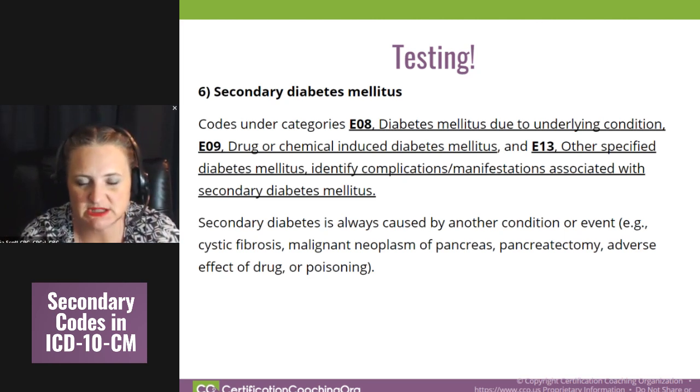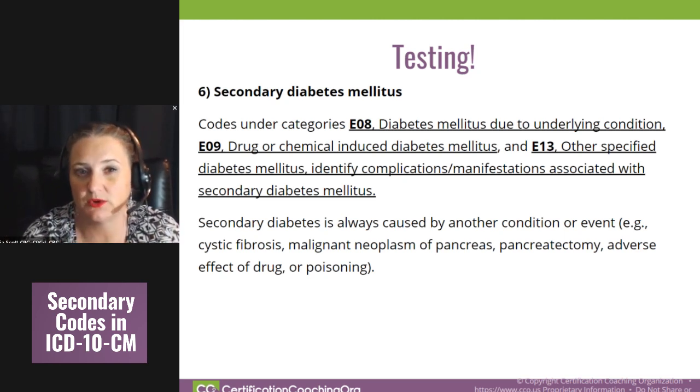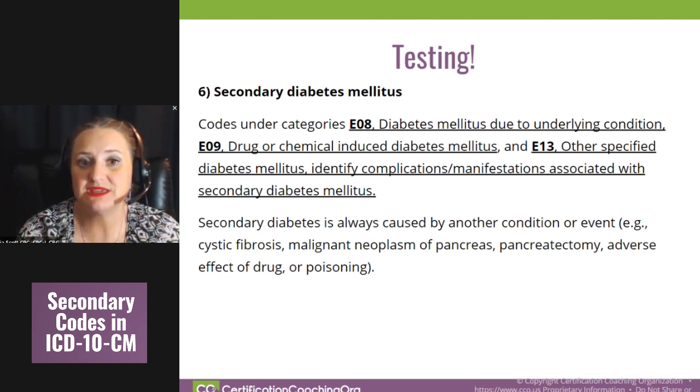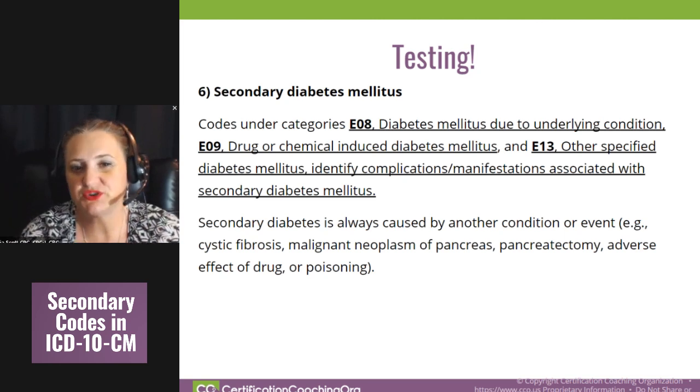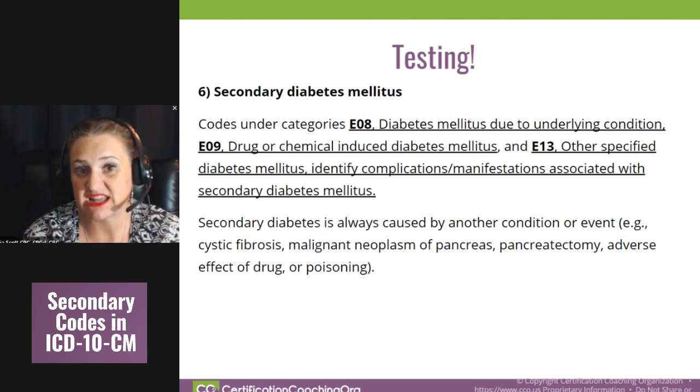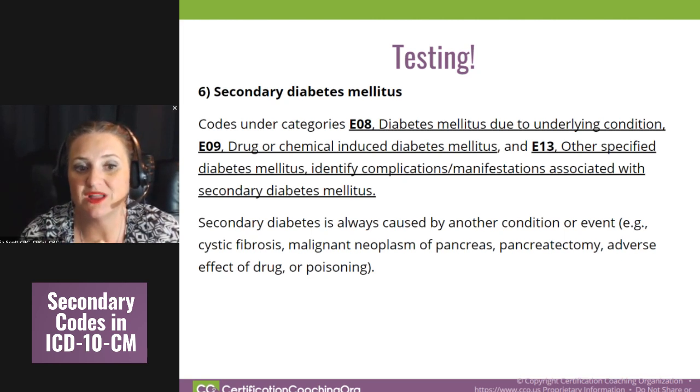And again, we've done lots of education on diabetes. Now, E09, as I already said, is a chemical or drug induced type of diabetes. And then E13 is other. You understand that other means that it is defined, we just don't have a code for that yet. But to be an E13, we have to remember it's a secondary diabetes.